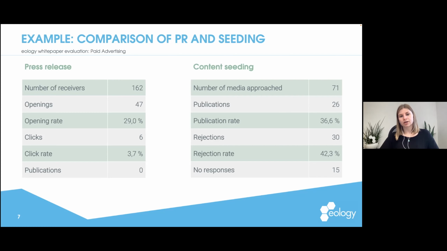We also got 30 rejections, which is a rejection rate of 42%, and 15 where we didn't get any response. But in total, with a publication rate of 36%, the results are speaking for themselves. So content seeding gets more results than the press release.